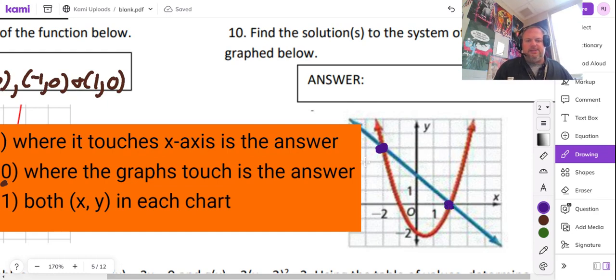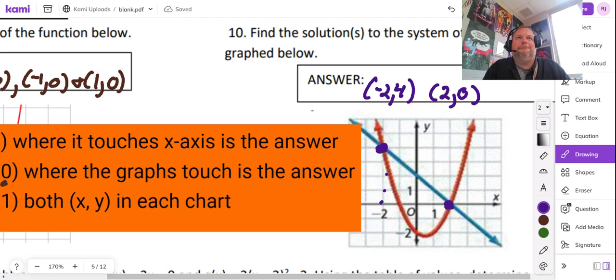So this is -2, 1, 2, 3, 4, and then 2, 0. Now, both 9 and 10 can have more than one answer. 9 could have 3. Number 10 can have like 2 or 1.